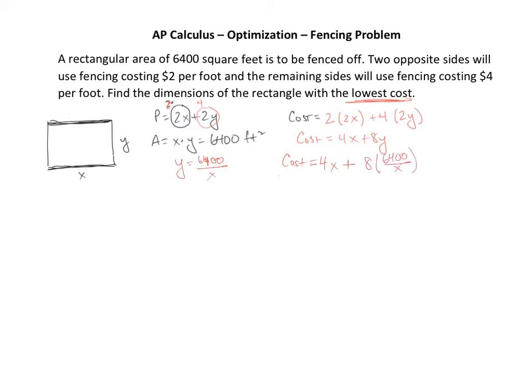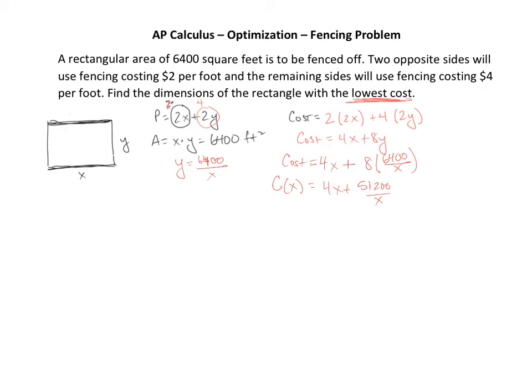So we can call this my C of x. And we can clean this up a little bit, and this ends up being 4x plus 51,200 over x.